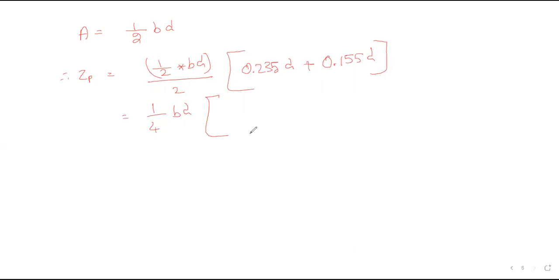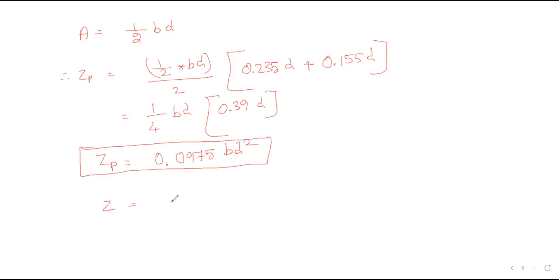D is going to be taken as a common term. So it becomes 0.39 times D. So 0.39 divided by 4 becomes 0.0975 times BD squared, which is the value of ZP.